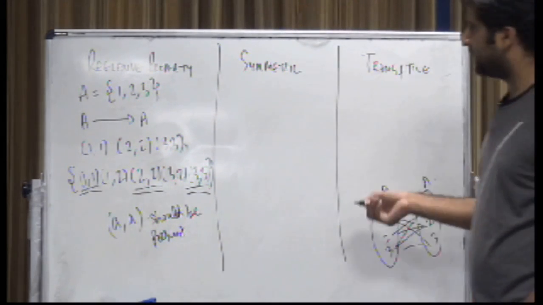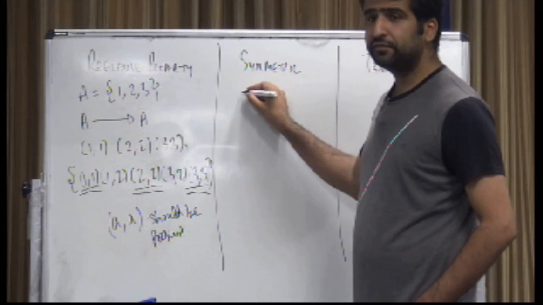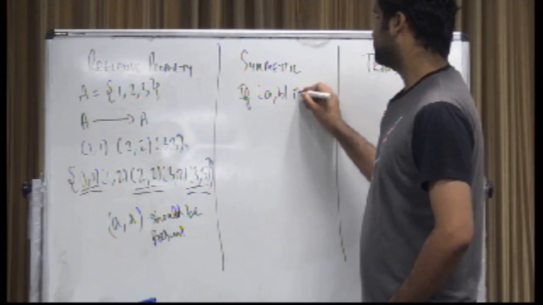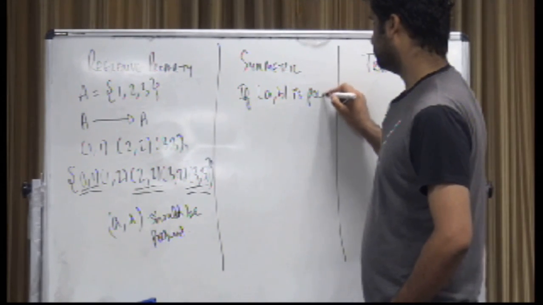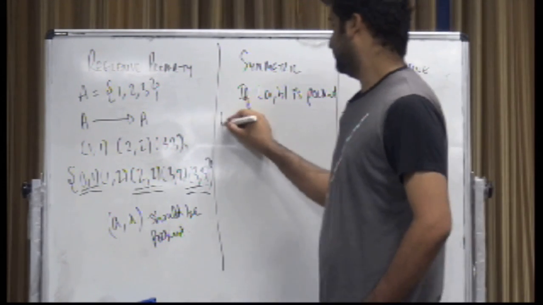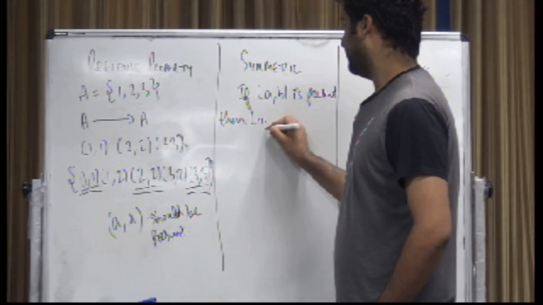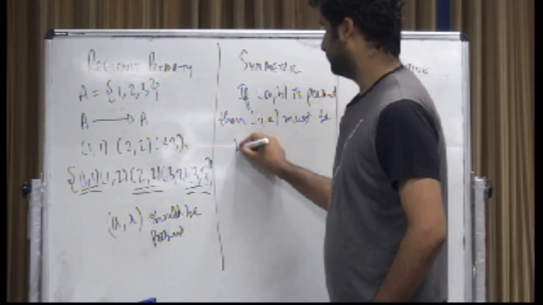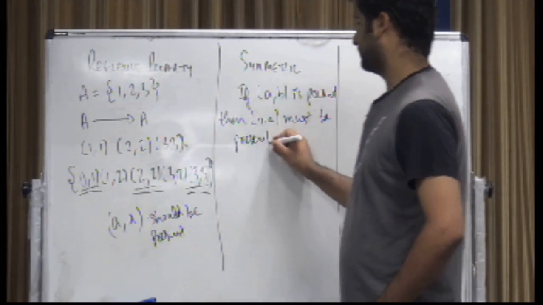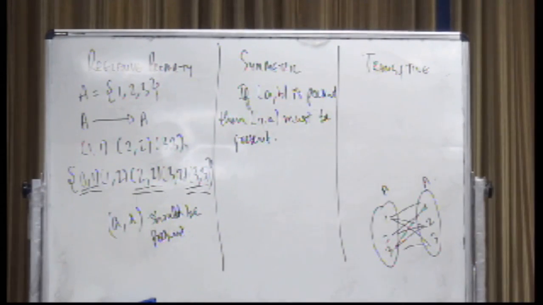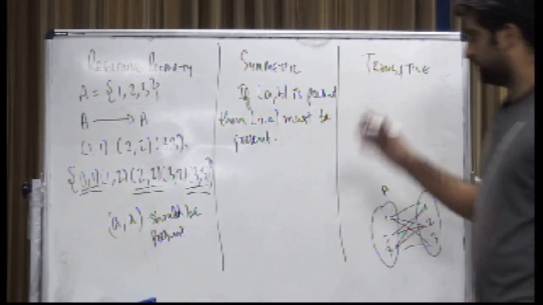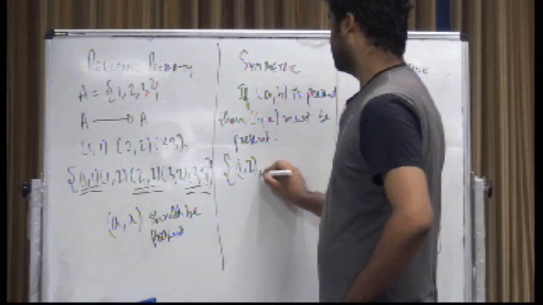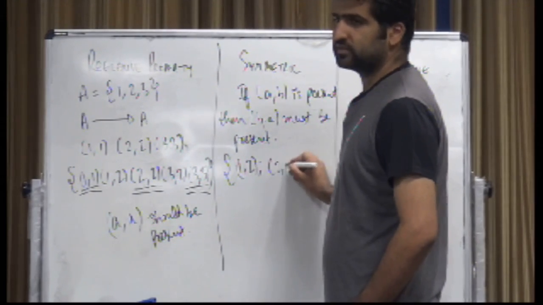So next is the symmetric property. It says that if (A, B) is present, it implies (B, A) must be present. Understood? So let's take an example. If you have (1,2), then (2,1) must be there.